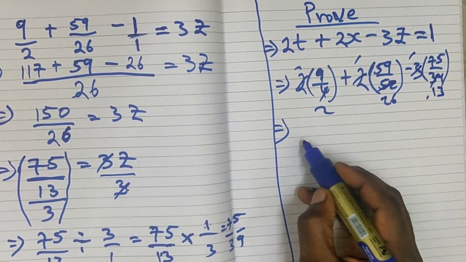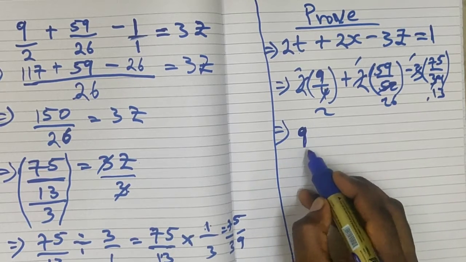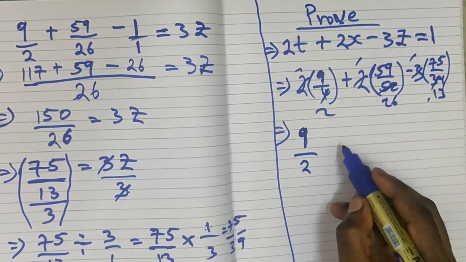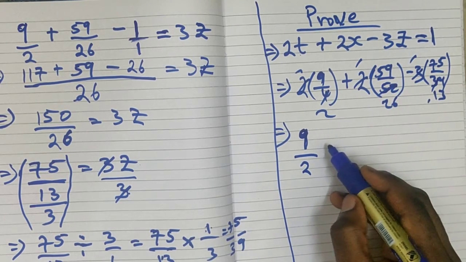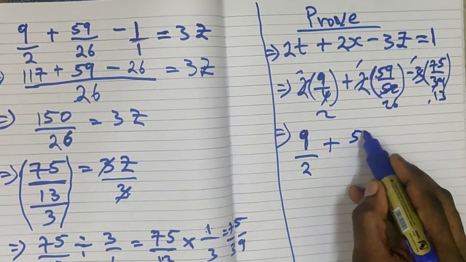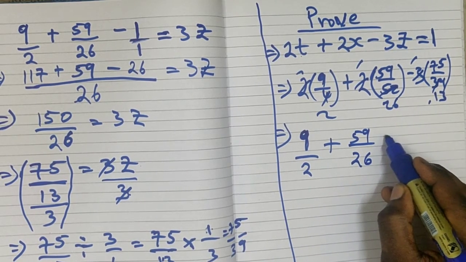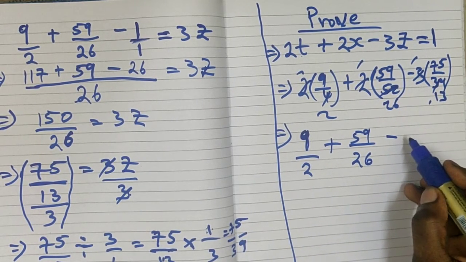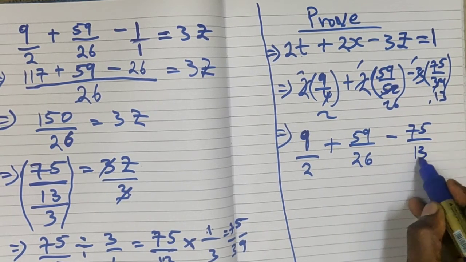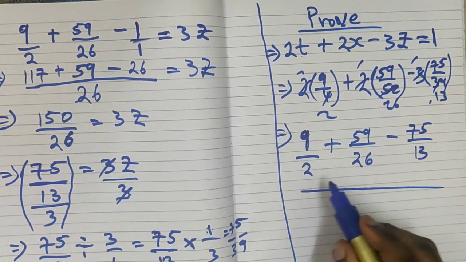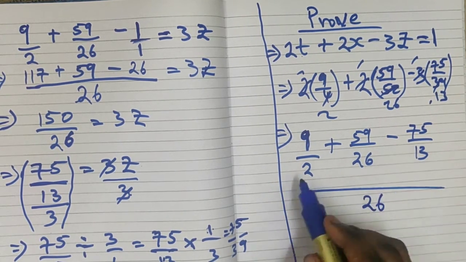So it means we have 9 on 2 plus 59 on 26 minus 75 on 13. Now we're going to look for LCM. LCM here is 26. That's the least common multiple here is 26.